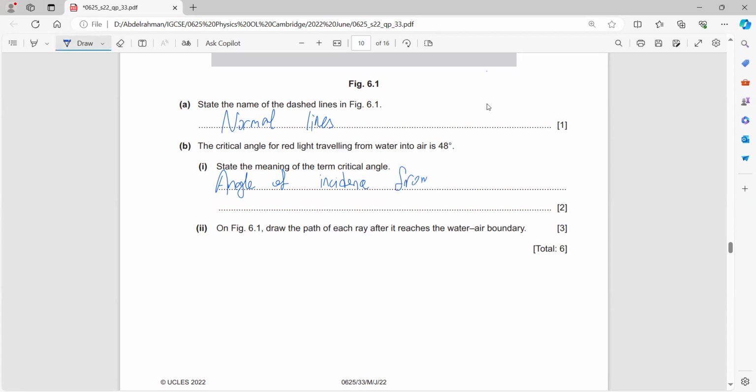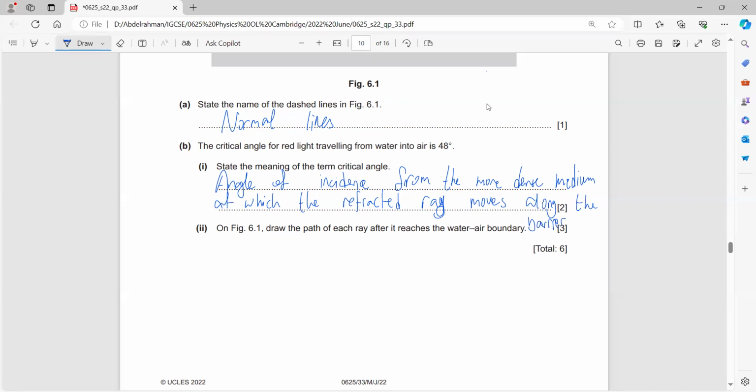From the more dense medium, at which the refracted ray moves along the boundary.